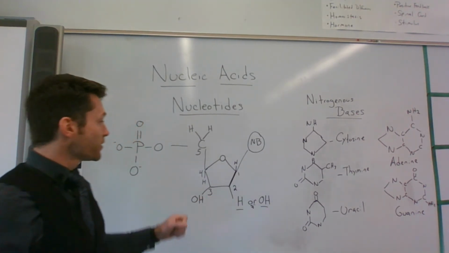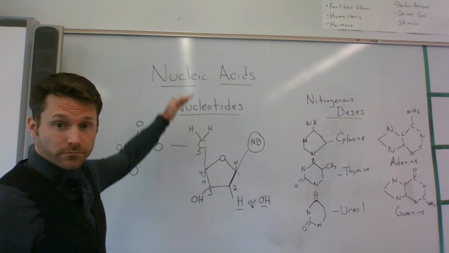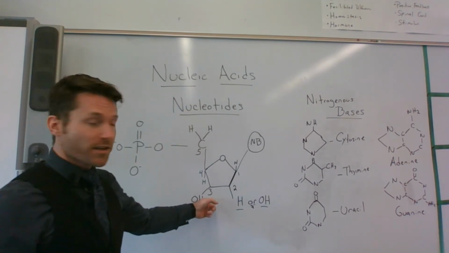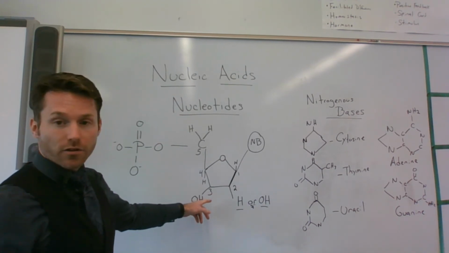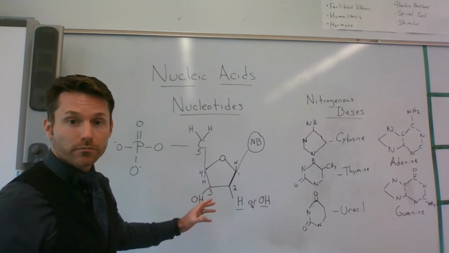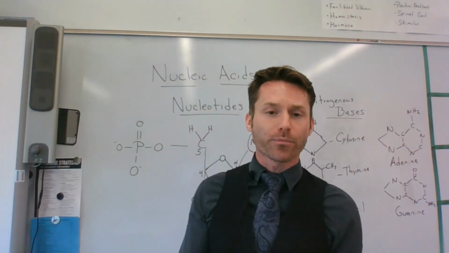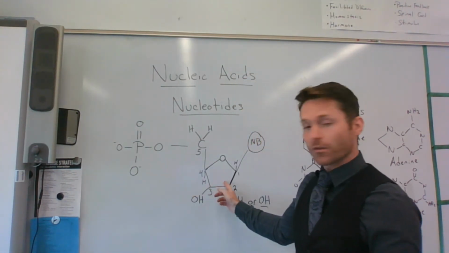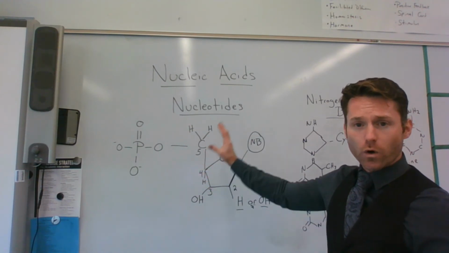So this is the 5' end of the carbon, whereas this is the 3' end of the carbon. It's kind of like the top and the bottom. So that's where our strand sense notation comes from, the numbering of these carbons. So that's our general nucleotide formula.